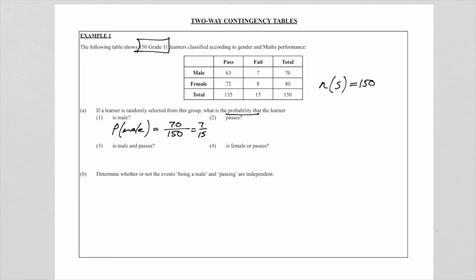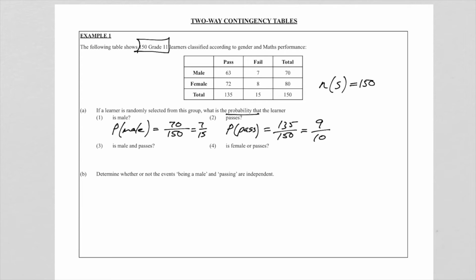So we will say the probability of pass is equal to 135 over 150. We can simplify that, and you will hopefully agree with me, you will get 9 over 10. And that is the probability of pass.